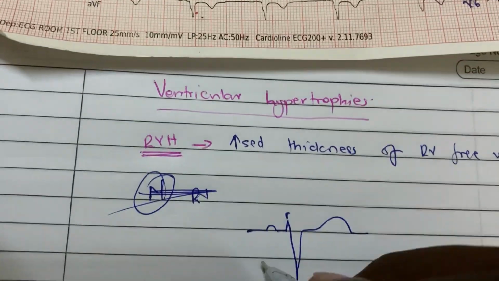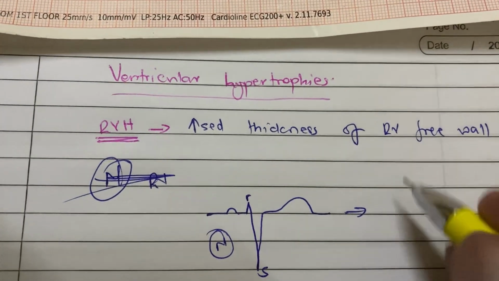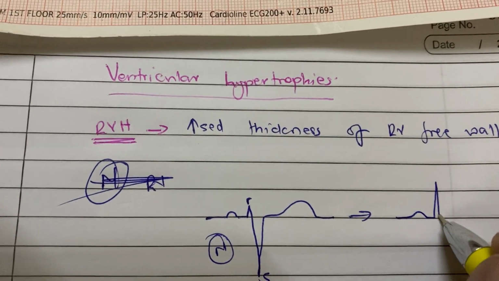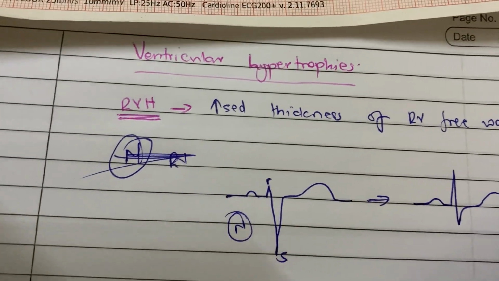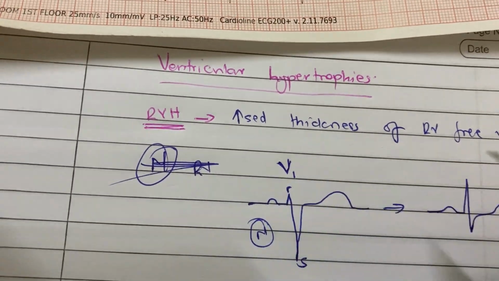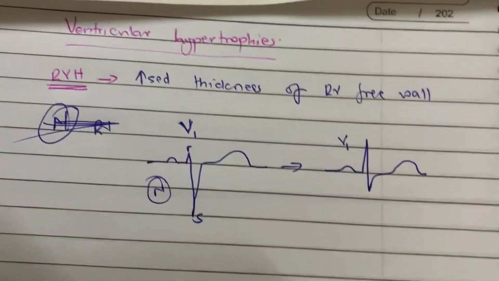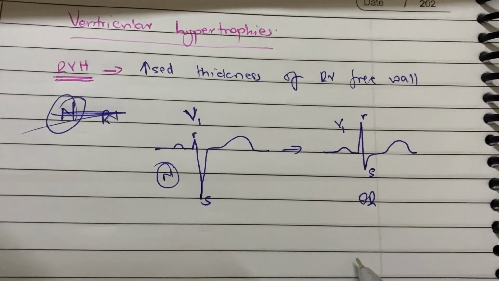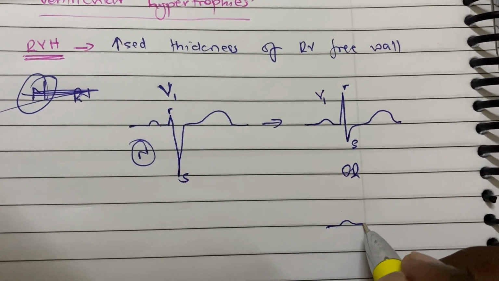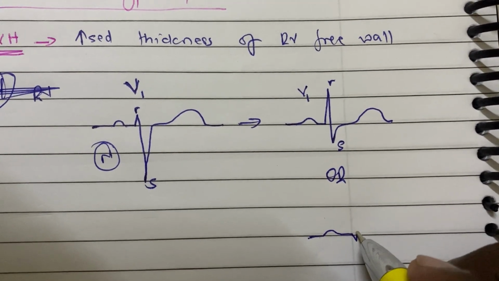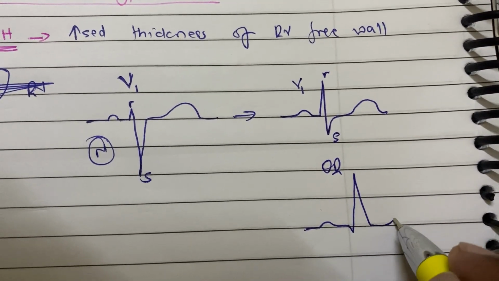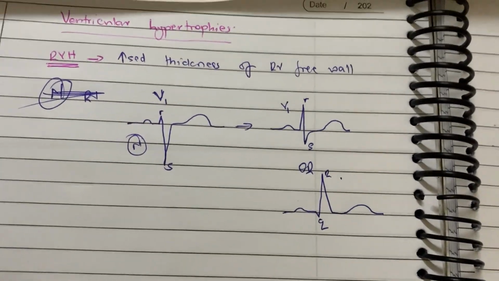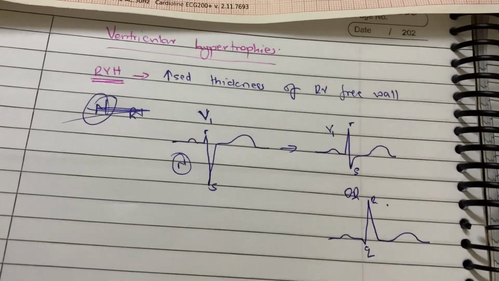In V1, if this is normal, then in RVH this is R, this is S. Or it can manifest as Q, R. But this R is taller than normal.